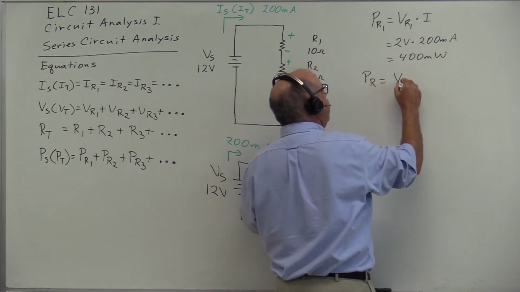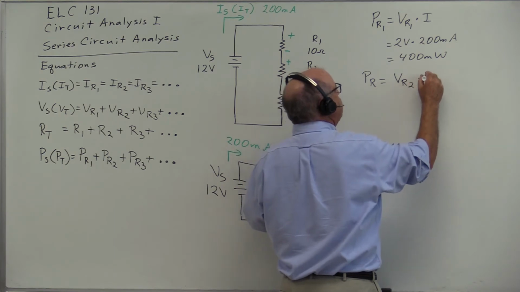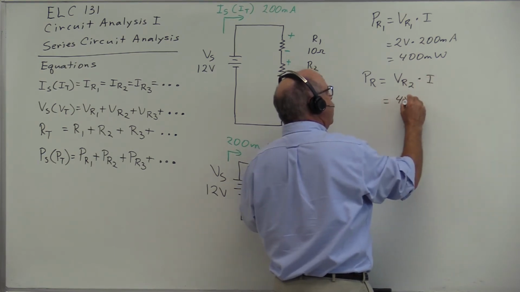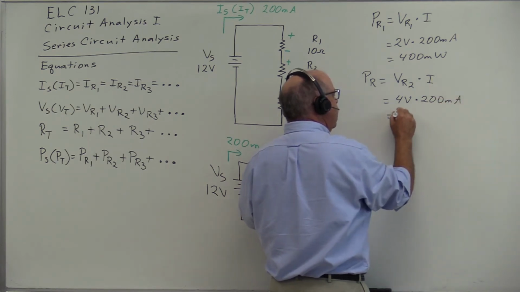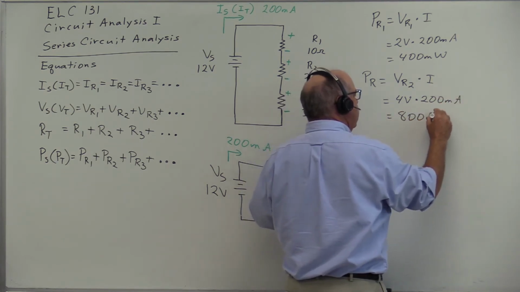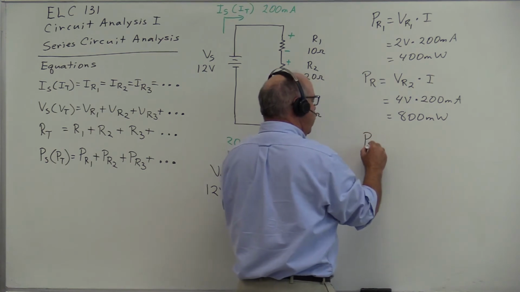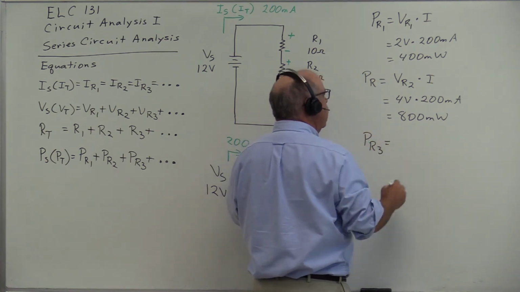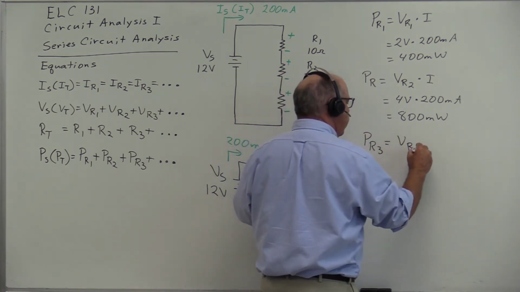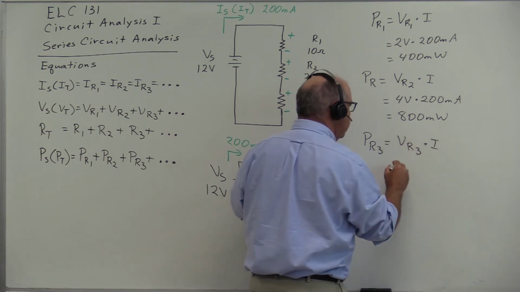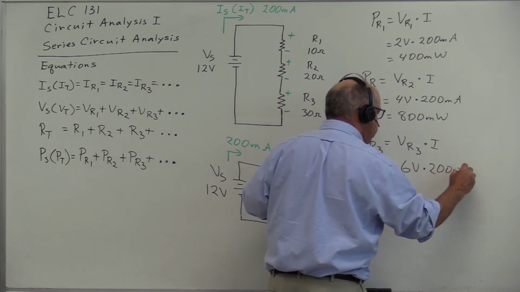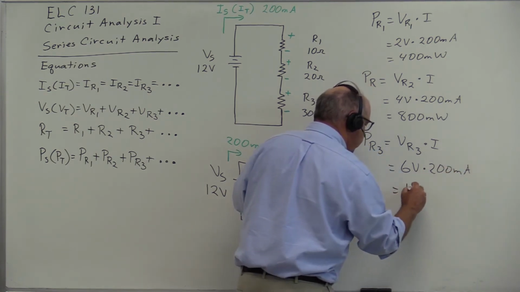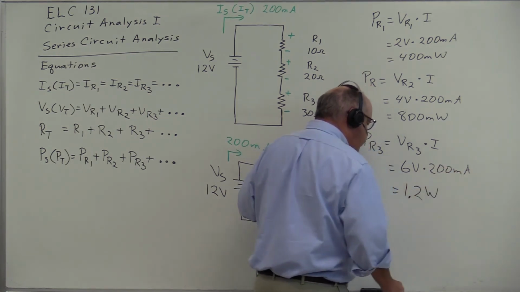PR2 equals VR2 times I, 4 volts times 200 milliamps is 800 milliwatts, and PR3 equals VR3 times I, 6 volts times 200 milliamps is 1.2 watts.